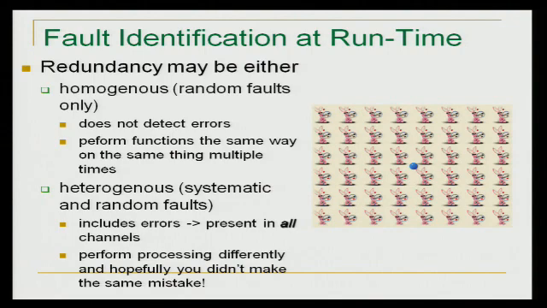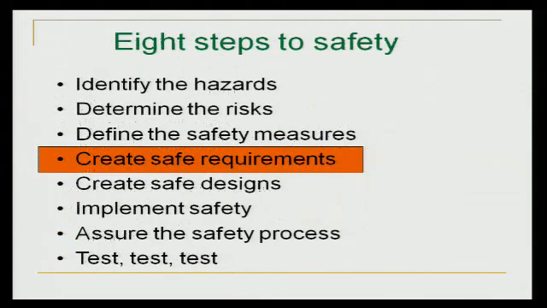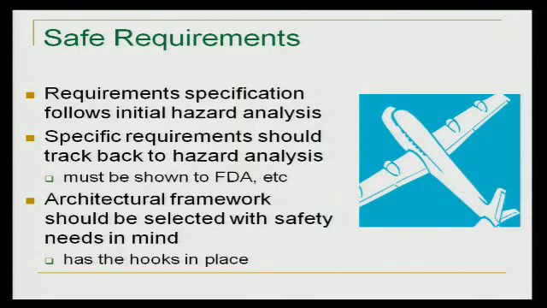Now, some people argue that for very complicated algorithms that are very, very difficult to implement, different teams may still fail at the same point, but it's still a safer choice than homogeneous, but it is a lot more expensive. And this is where I really want to get to. Just create safe requirements.